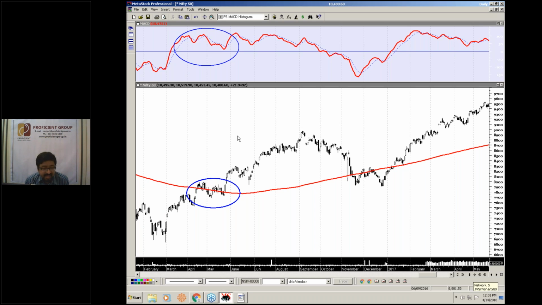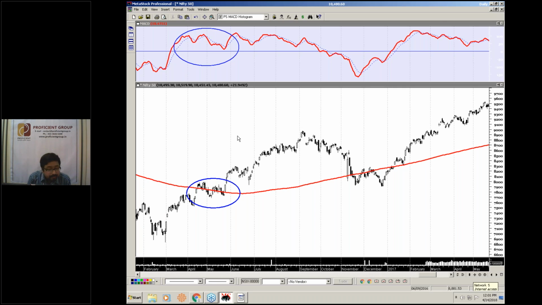This is what my trend indicator logic is: when prices are above the 200-day moving average and when MACD is above its zero line, that is the uptrend, right?